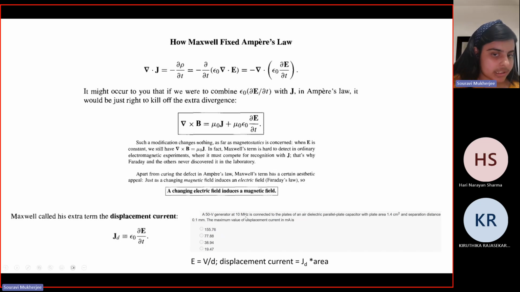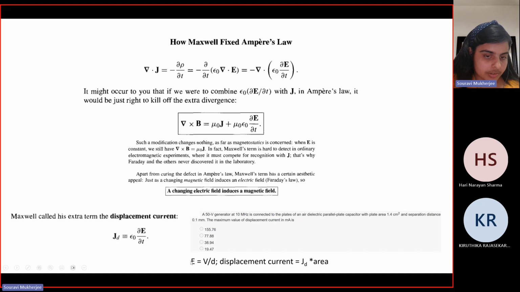You have to remember that this is in hertz. When you write omega, it's in radians per second. So you have to multiply by 2 pi, right? So basically, what this is telling you is that your potential has an expression of 50 into sin(2 pi into 10 into 10 to the power 6 t), right? So that is your potential.